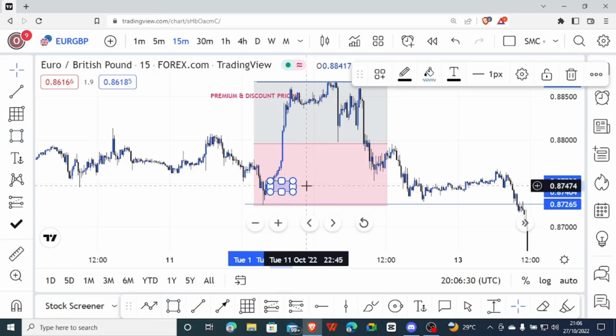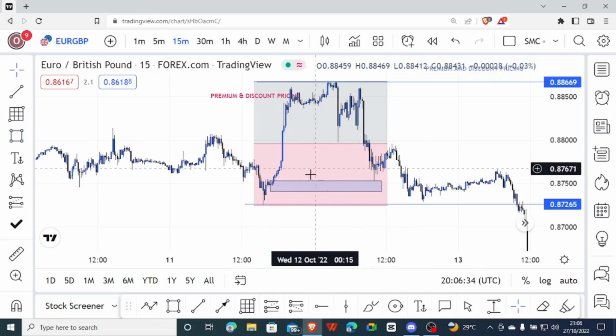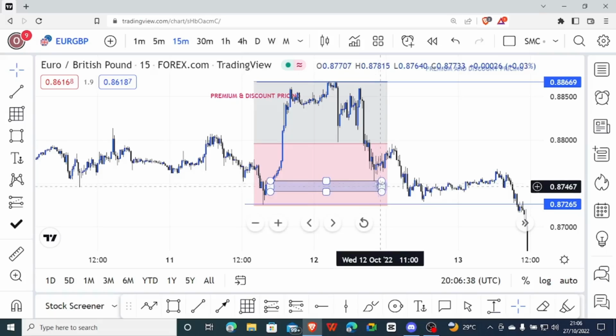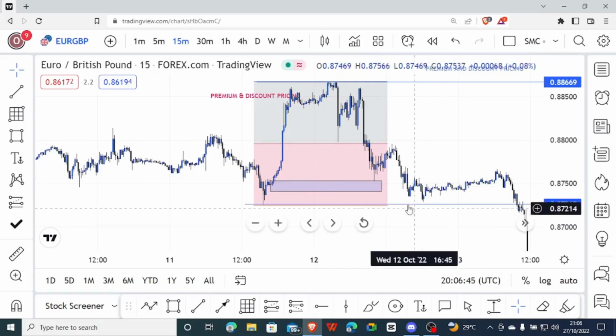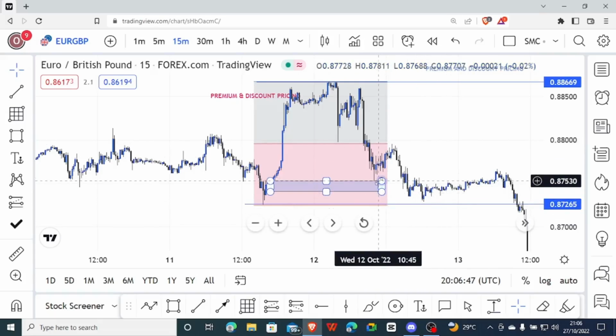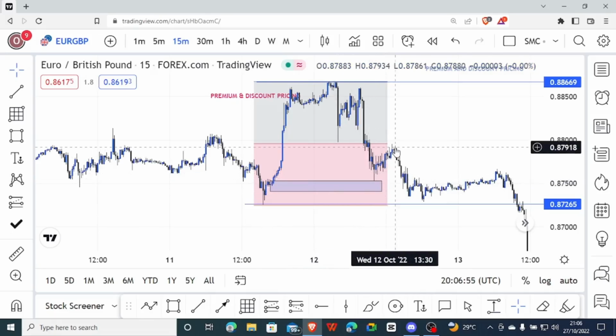If you drag it out, price tapped on that OB inside your discount zone and went a bit higher. Before you know it, it came back down to violate that OB. So that's why I said, if you marked this OB and took the trade from here, you could have at least been either at break even or in small profit.